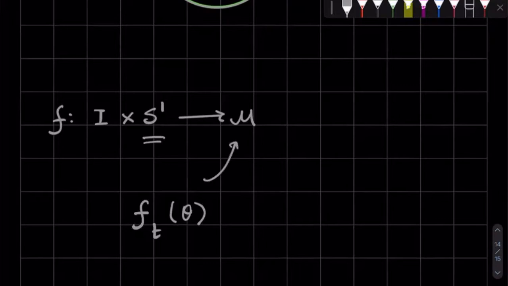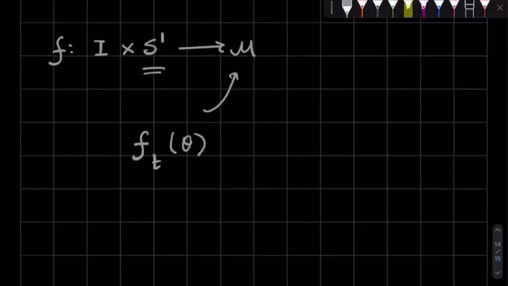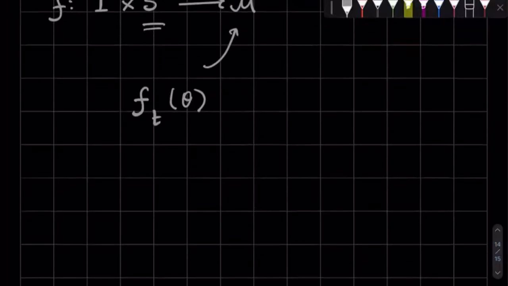So what does this t kind of signify? So the t signifies essentially something like this.